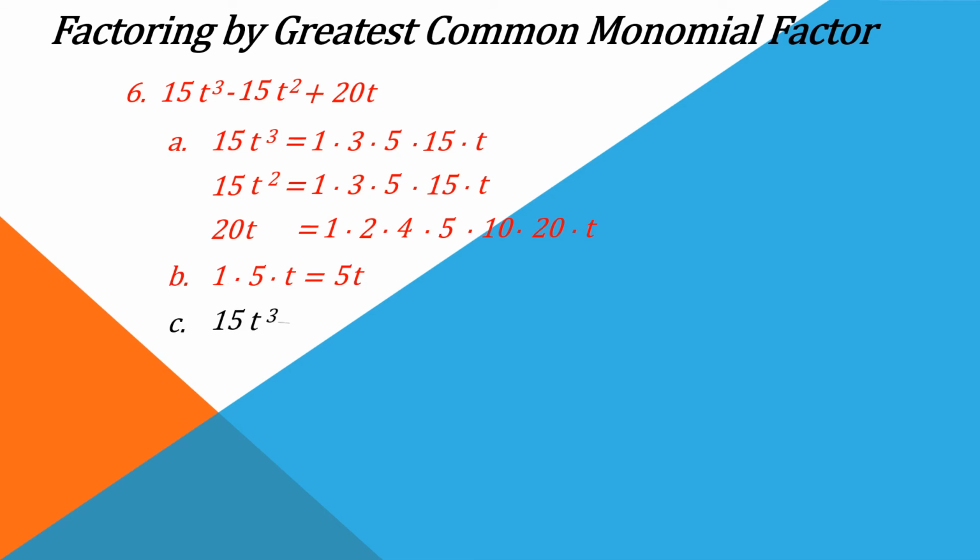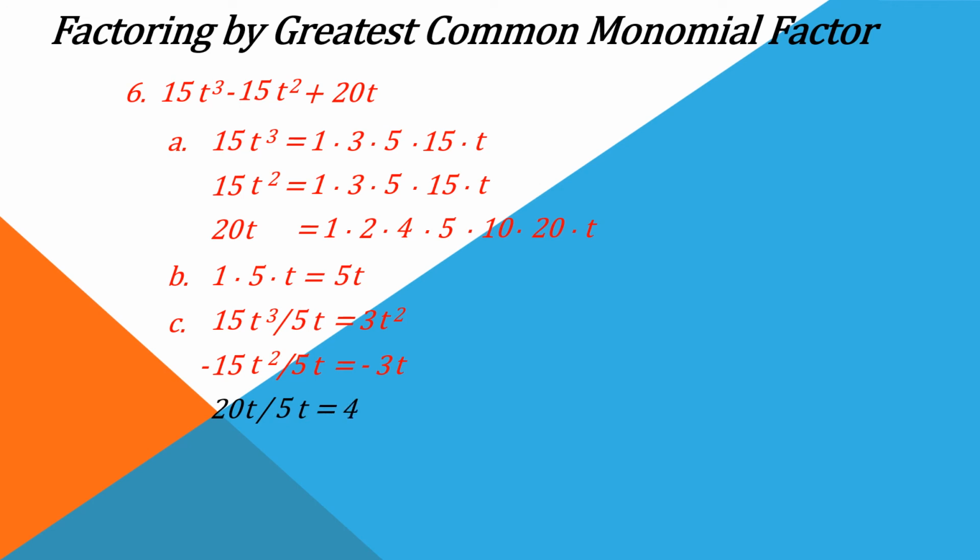And then we will divide each term by the greatest common factor. 15t cubed divided by 5t is equal to 3t squared. And negative 15t squared divided by 5t is equal to 3t. And 20t divided by 5t is equal to 4.